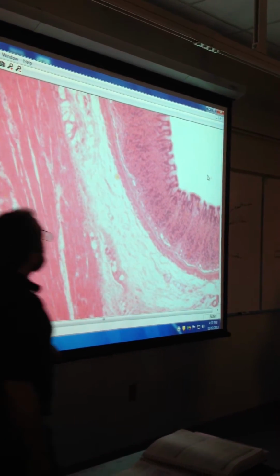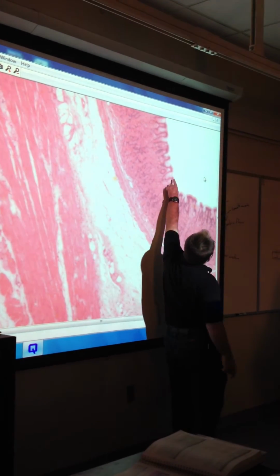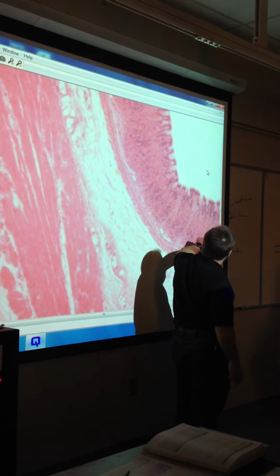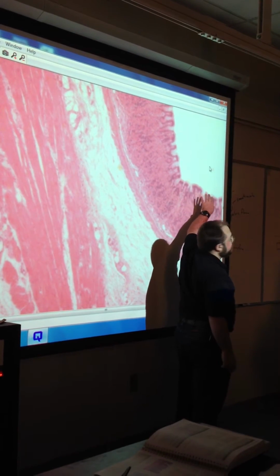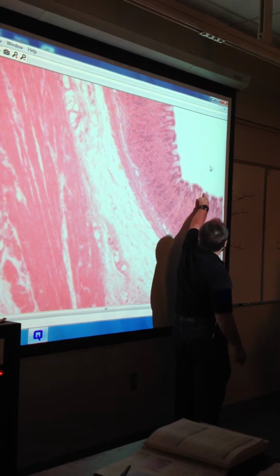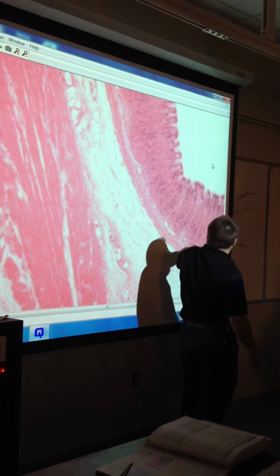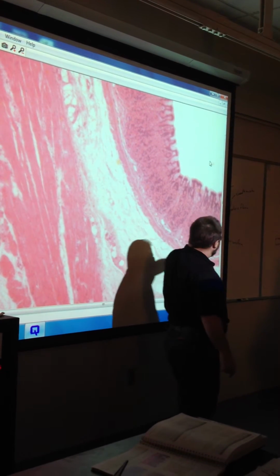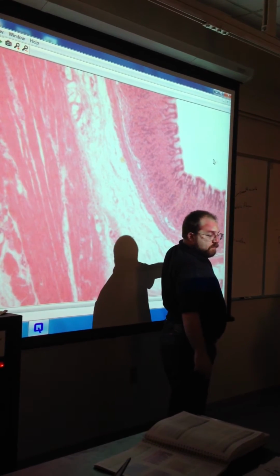Okay, so again, inner surface of the stomach. We have not the intestinal pits, the gastric pits here. Gastric glands down there. What's this? Good.